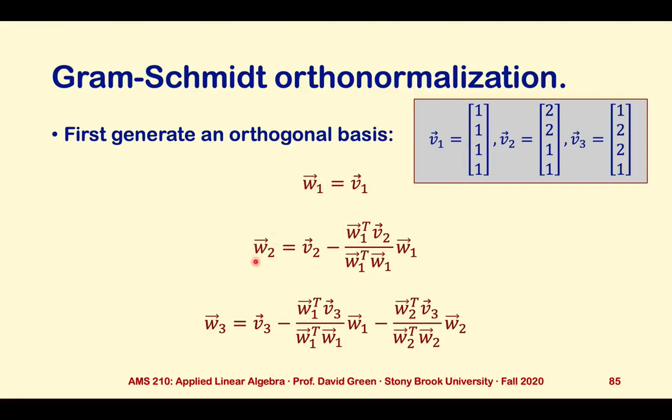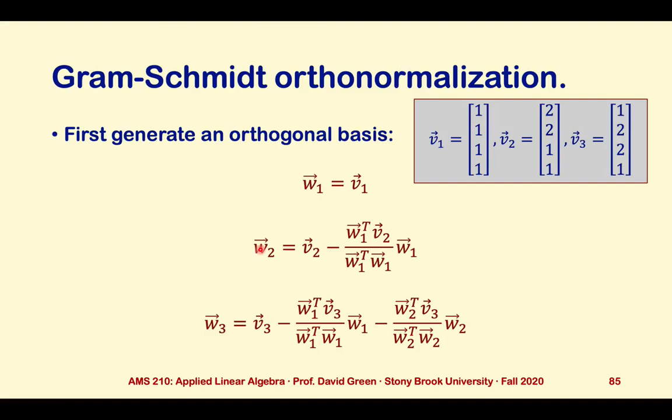We then define a second vector by taking the second vector from the set and subtracting from that the projection of that vector onto our first orthogonal vector. And then a third vector by drawing the third vector from the original set, subtracting off the projection of that vector onto the first orthogonal vector and onto the second orthogonal vector. And this will give us an orthogonal set.